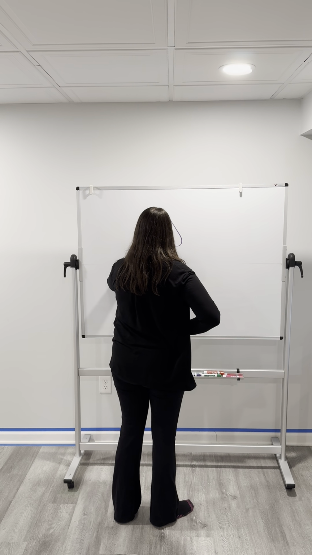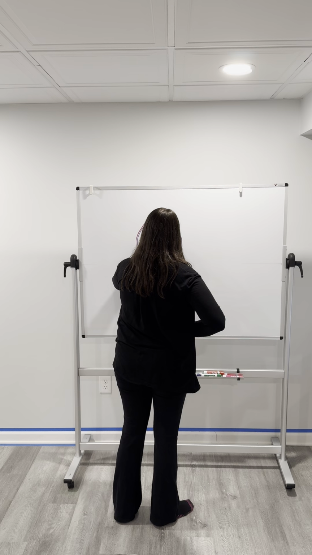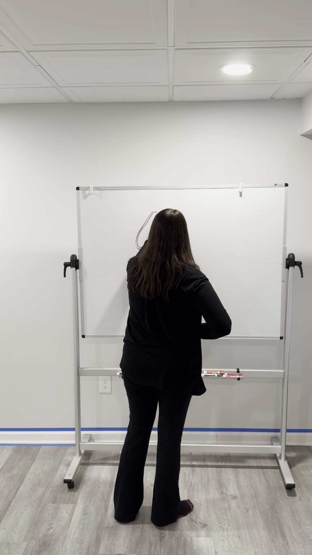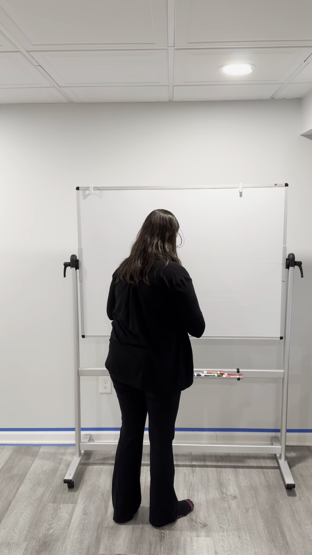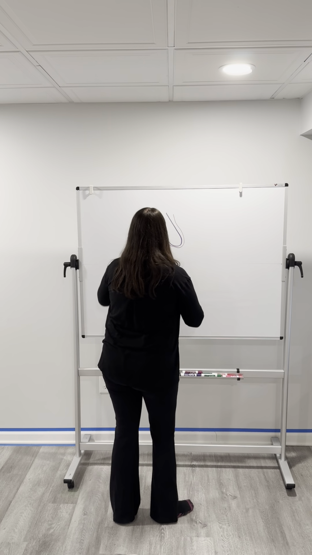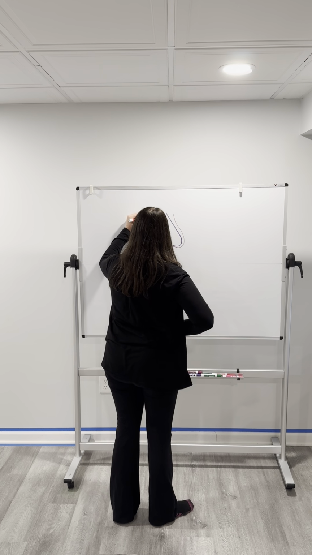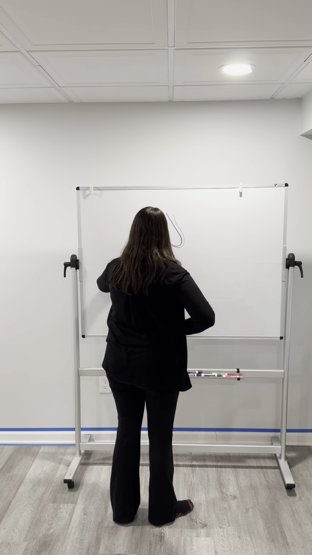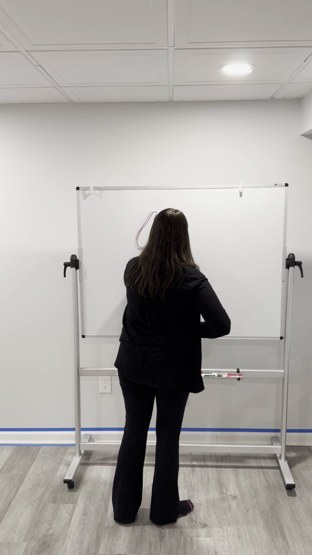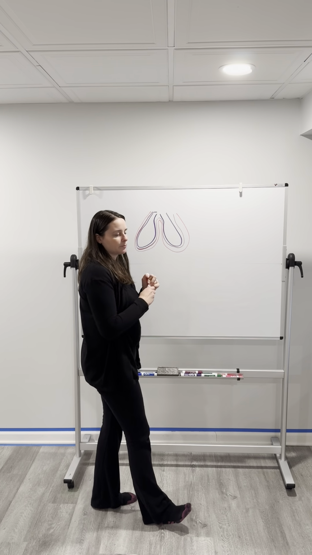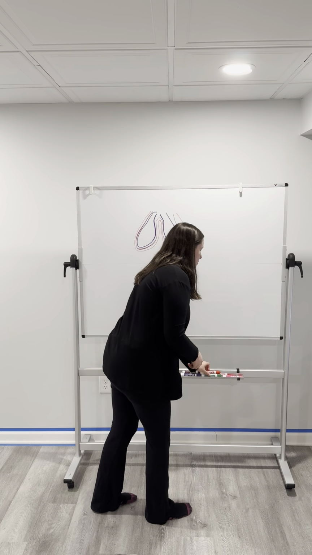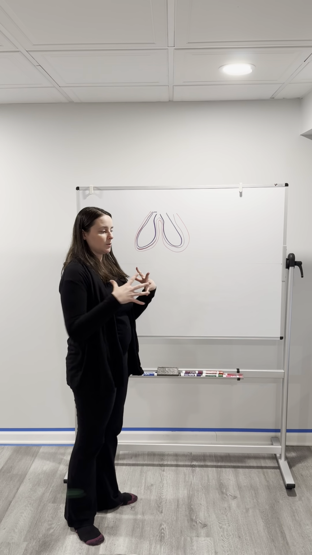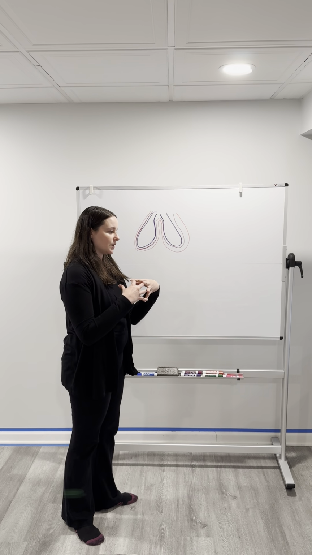So this one would be the visceral pleura directly connected to the lungs here, okay? And then we would have a parietal pleura here, and then we'd have fluid in between, okay? So you'd have pleural fluid in between that helps to reduce friction when we breathe in and expand the lungs and when we breathe out.